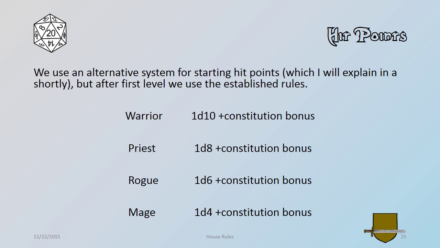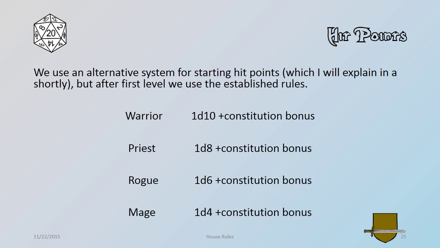So what I do is I start off your Constitution plus your Constitution bonus as your starting hit points. So yes, you can have a wizard that starts off with like 15 hit points. Some people feel that that's unbalancing, but I do adjust some of the encounters appropriately, especially at the higher levels, not at first level, because again, it's no fun pouring in a half hour when you only play for 4 or 5 or 6 or maybe if you're lucky 10 hours a month, when you're spending a lot of time creating characters.